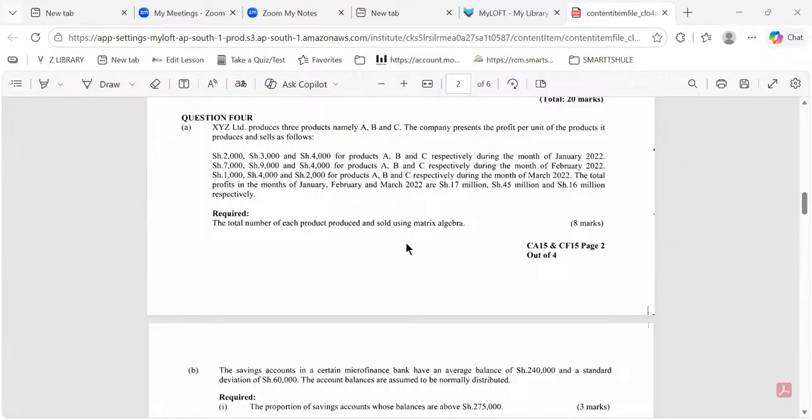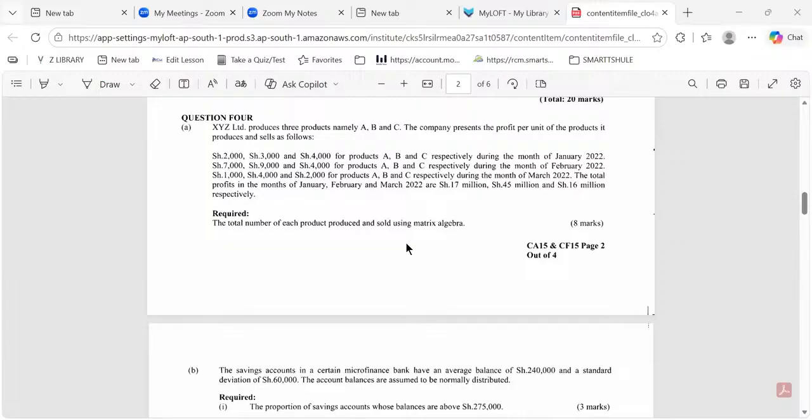Then we have 1,000, 4,000, 2,000 for product A, B, C respectively for the month of March. The total profits in the months of January, February, and March are 17 million, 45 million, and 16 million respectively. Required: the total number of each product produced and sold using matrix algebra.